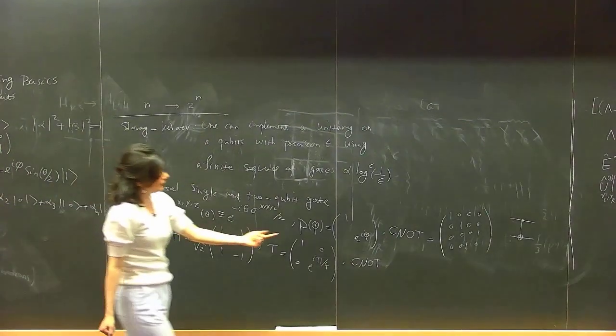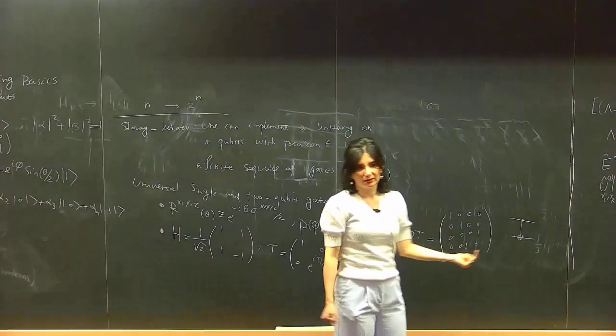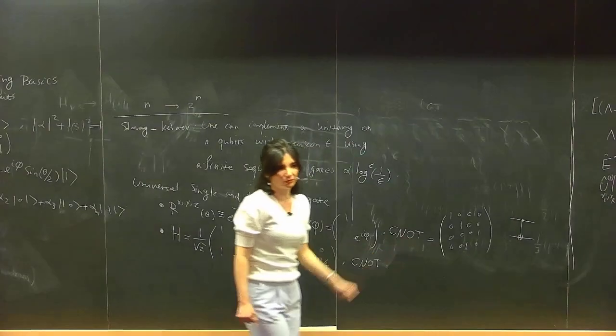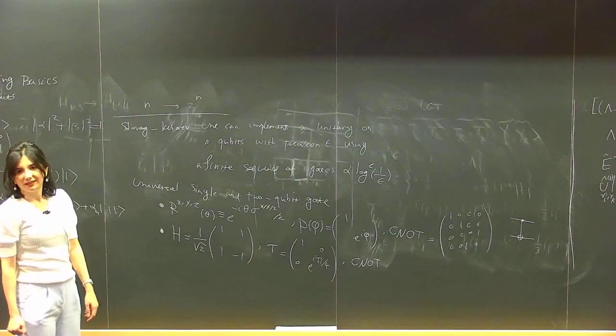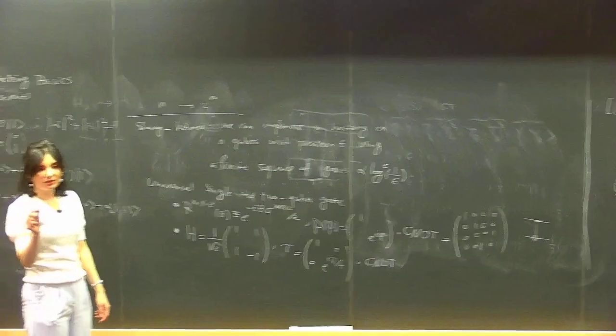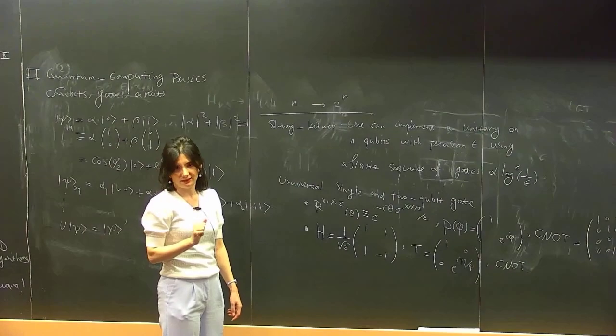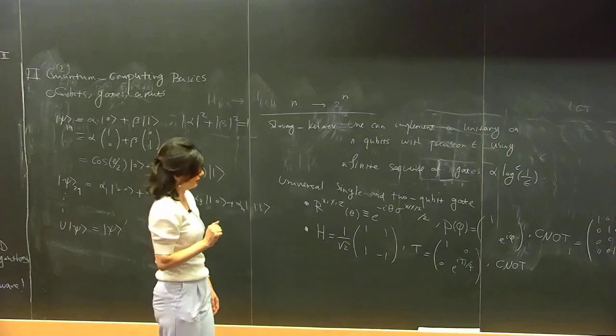I mean, we have the NOT operation in classical computers, right? The controlled NOT operation. You don't have phase factors. Very good. So not just the phase factor, the continuousness is something that is very important, right?